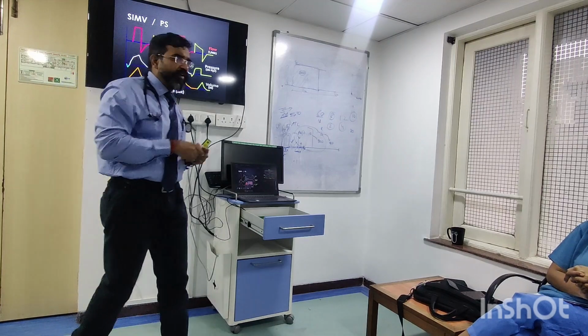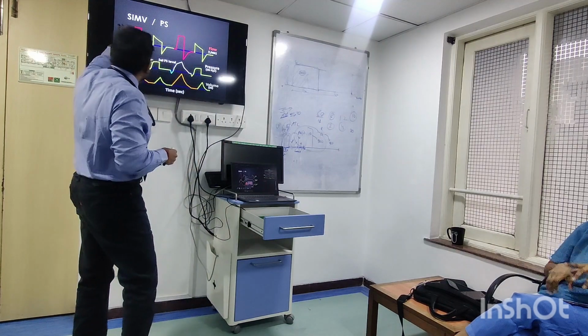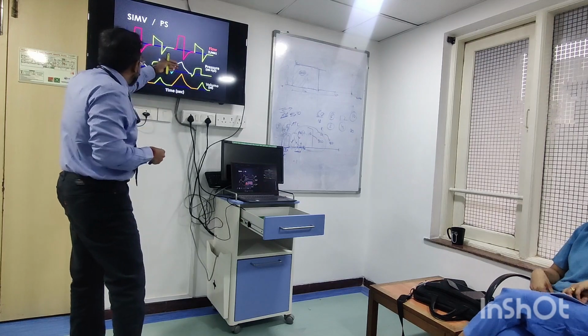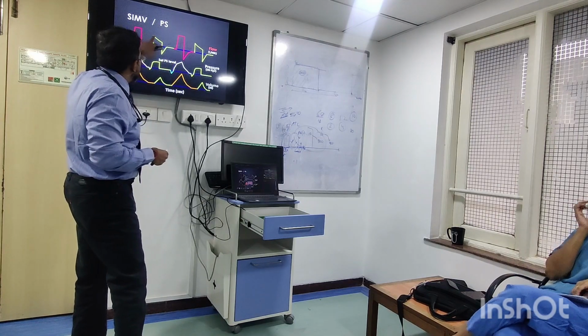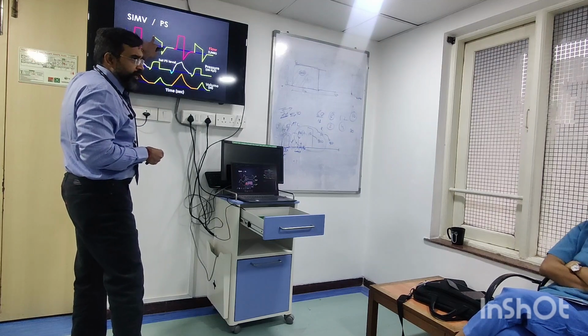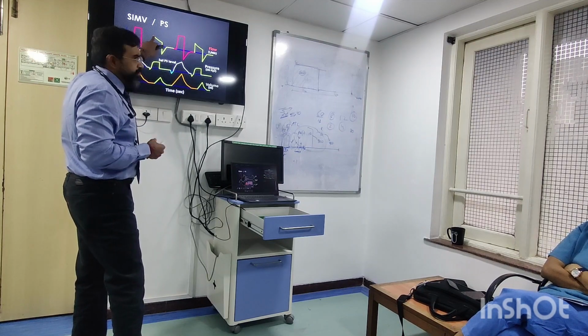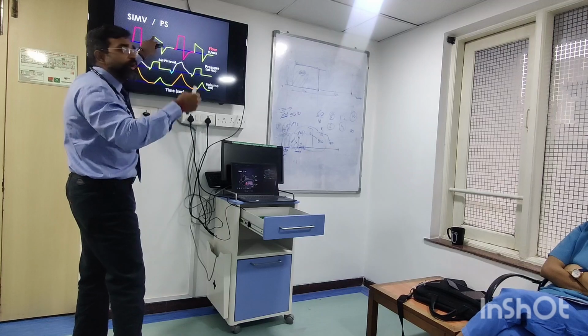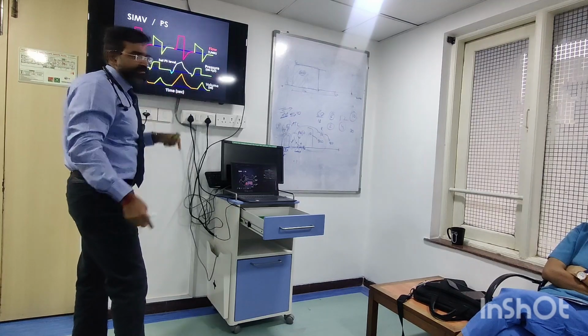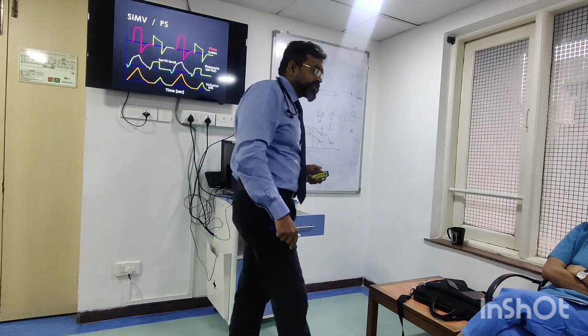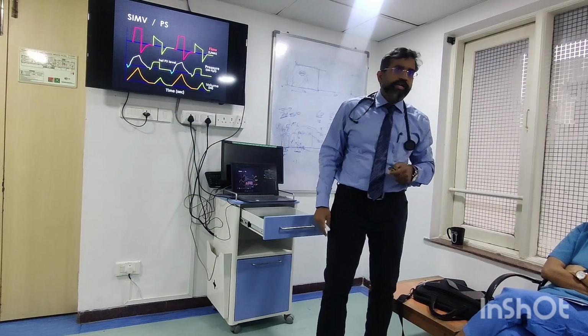This is the flow waveform, this is the pressure waveform, and this is volume. In my flow I have reached 100%, say it may be 60, 70, or 80 liters per minute. When it reaches 25% of that, it actually cycles. This is called flow cycling.